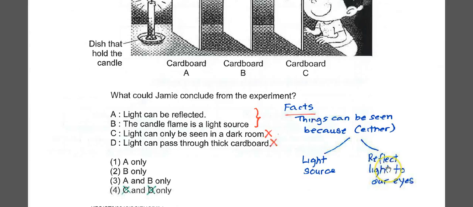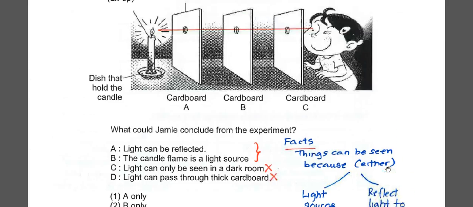So if they say she can see through this line here, and at the same time probably she stands at the side, she could see the dish also. Now if she can see the dish, it means she stands over at this side, not through here. It means that the light shines onto the dish, and the dish reflects light onto the eyes.